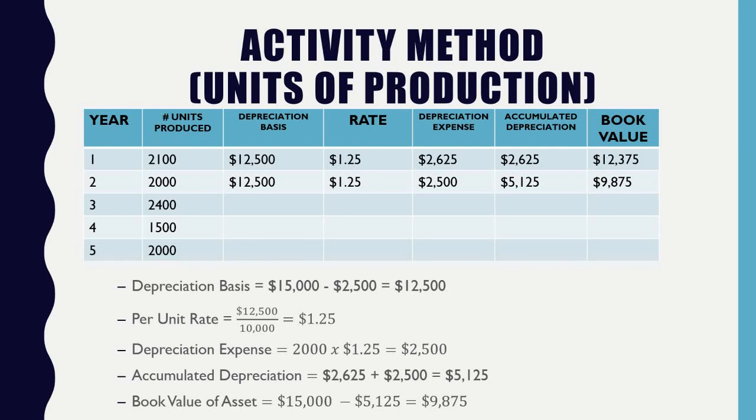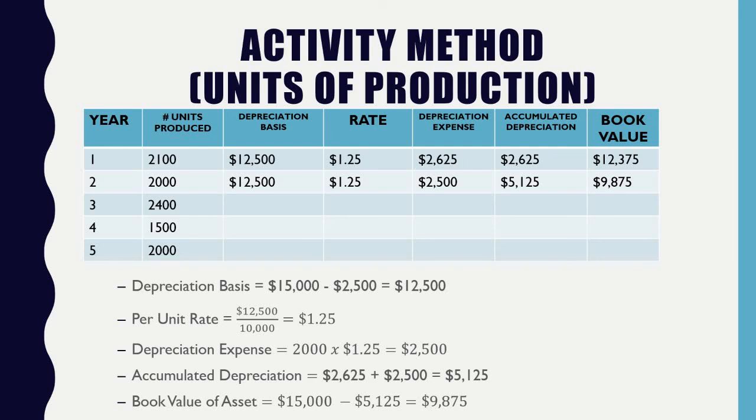You're noticing a trend here. The depreciation basis is going to be the same number, and your rate's also going to stay the same. However, the only difference is that your depreciation expense is actually changing because you have a variable, depending on the total number of units that you produced that year.